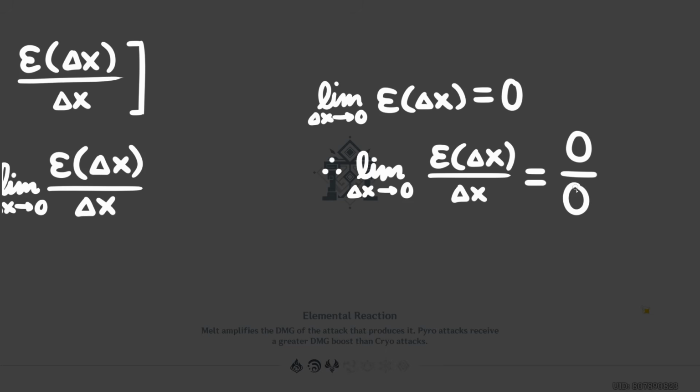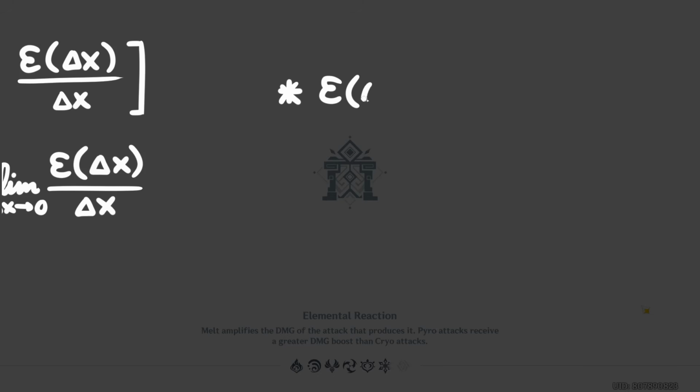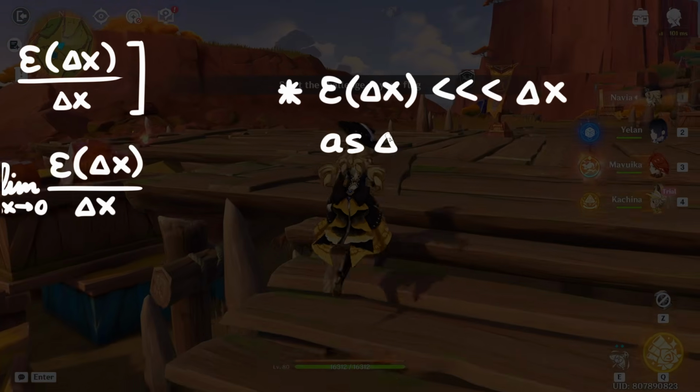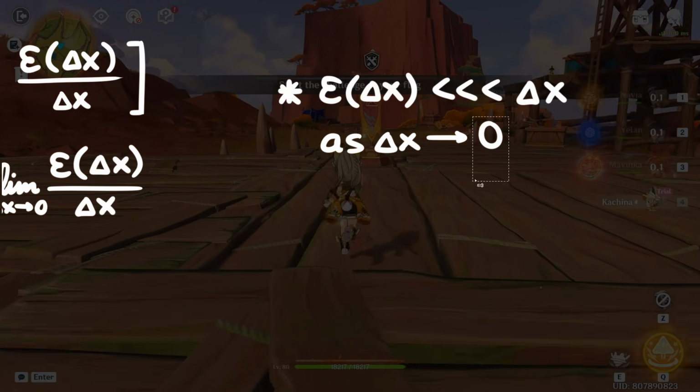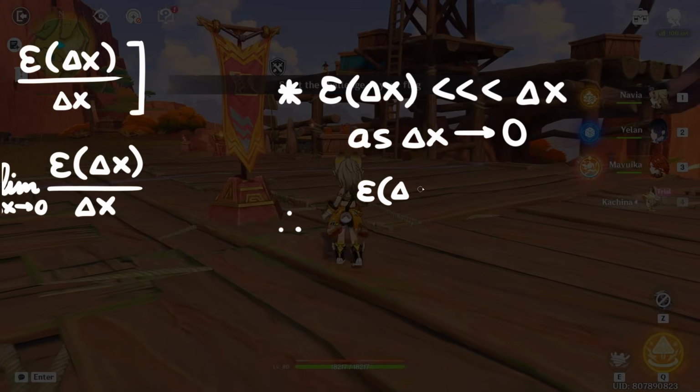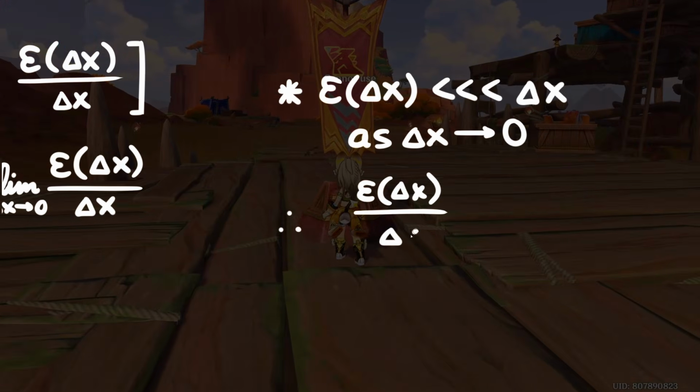Recall that r is defined in such a way that it accurately describes the change in f. This implies that the error must go to 0 a lot faster than delta x. If the error was comparable to the size of delta x, the function wouldn't be very accurate anymore. In short, delta x is small, but epsilon of delta x will always be even smaller.